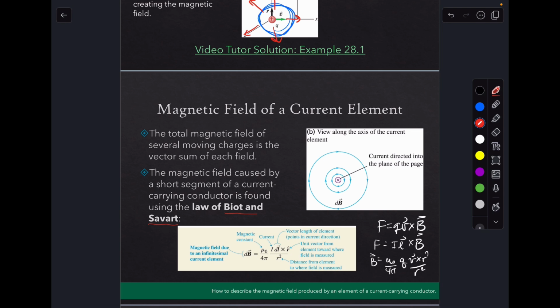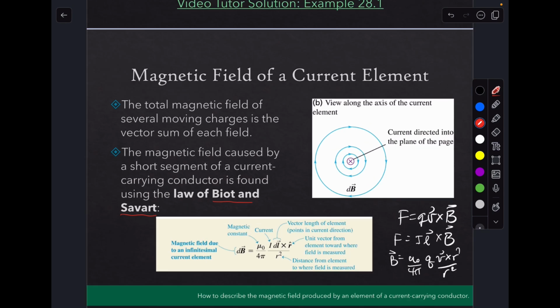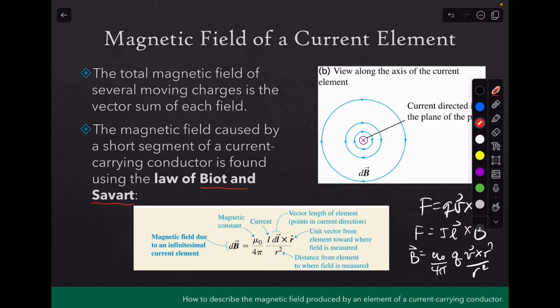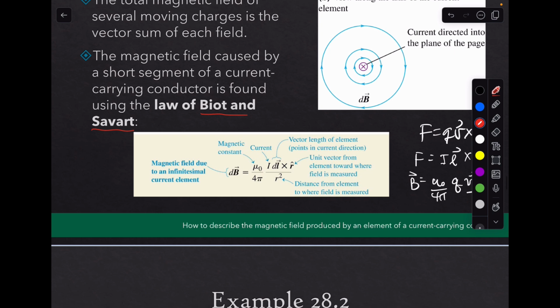Basically the operation is identical, right? Except now we're considering a different case, the case of a current flowing through a conductor, not just a single charge flying through space, okay? So definitions are all the same, except now we have these little differentials here, like we did when we were determining what dE was.